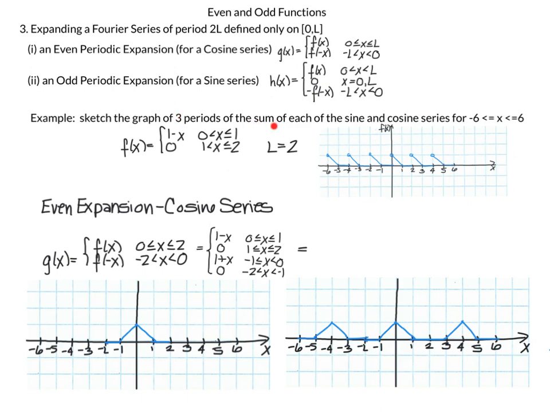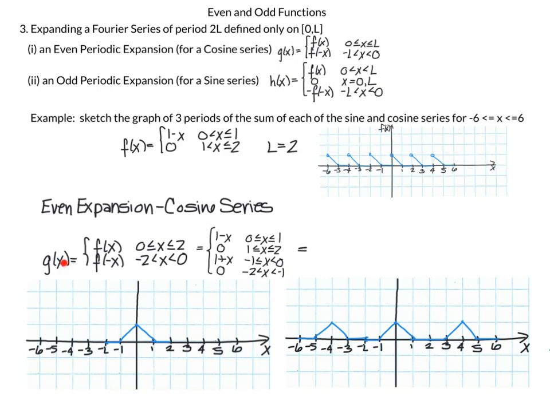Now I want to look at the sum of the cosine series. I'm going to do the cosine series first, so I need to expand my definition. Right now, f of x is defined between 0 and 2, so L is equal to 2. I want to expand it so that I have an even function, and then my Fourier series will be a cosine series.